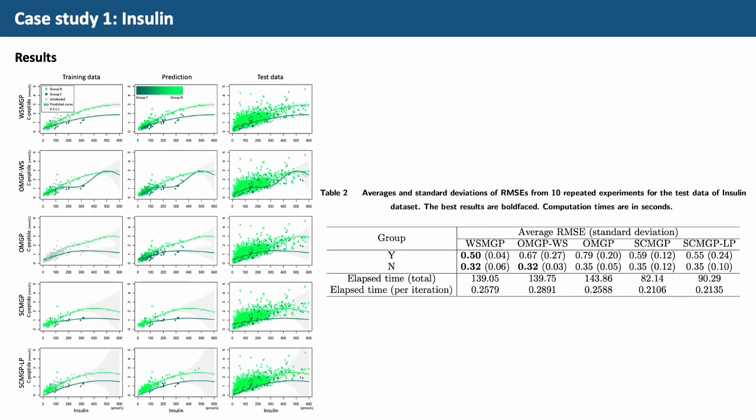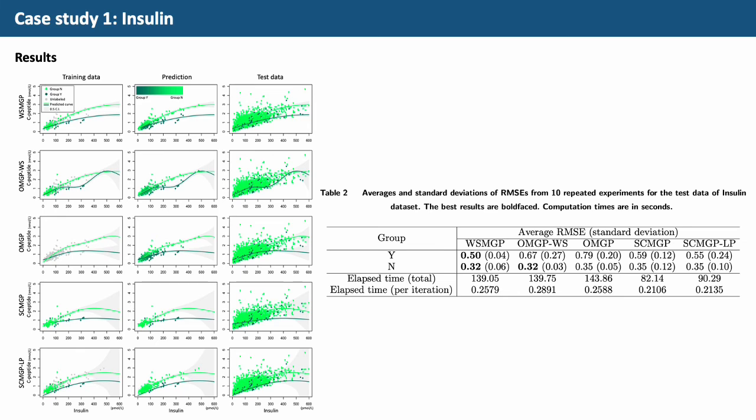Here is the result. In the left figure, we can see that our model reasonably recovers the latent relationship between insulin and C-peptide for both groups. In particular, our model outperforms SC-MGP, demonstrating that leveraging unlabeled data improves the prediction power rather than ignoring it.